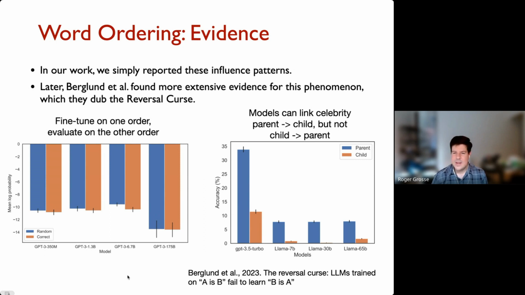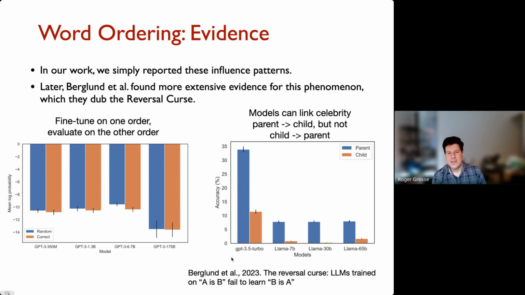They also tested models like ChatGPT. You could take information that is typically presented in one order in the training set. So they have information about the children of celebrities, and typically the name of the celebrity appears in the training set before the name of the child.